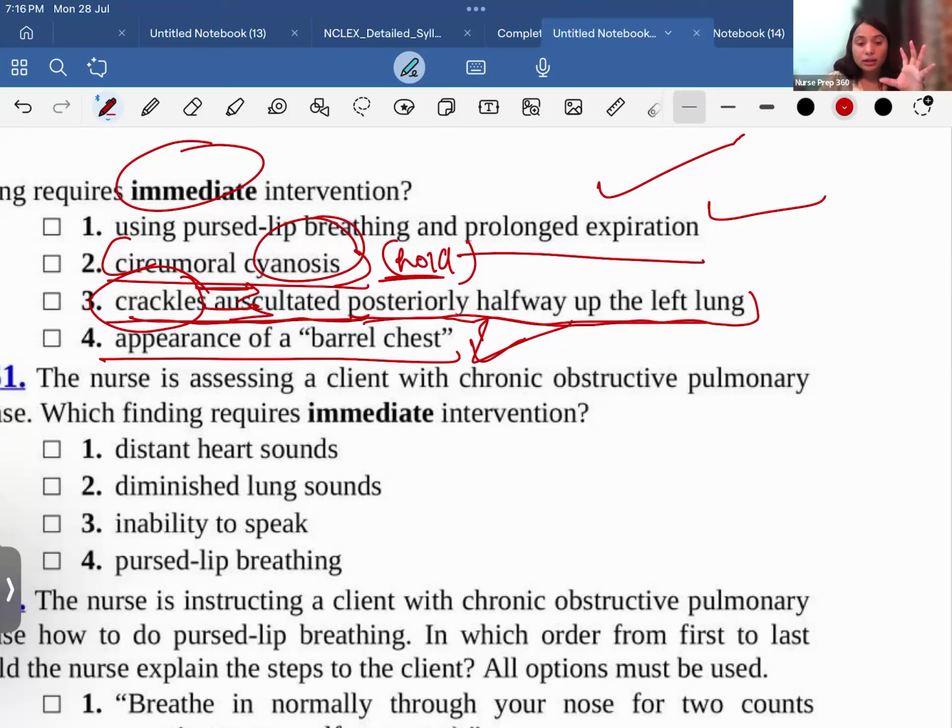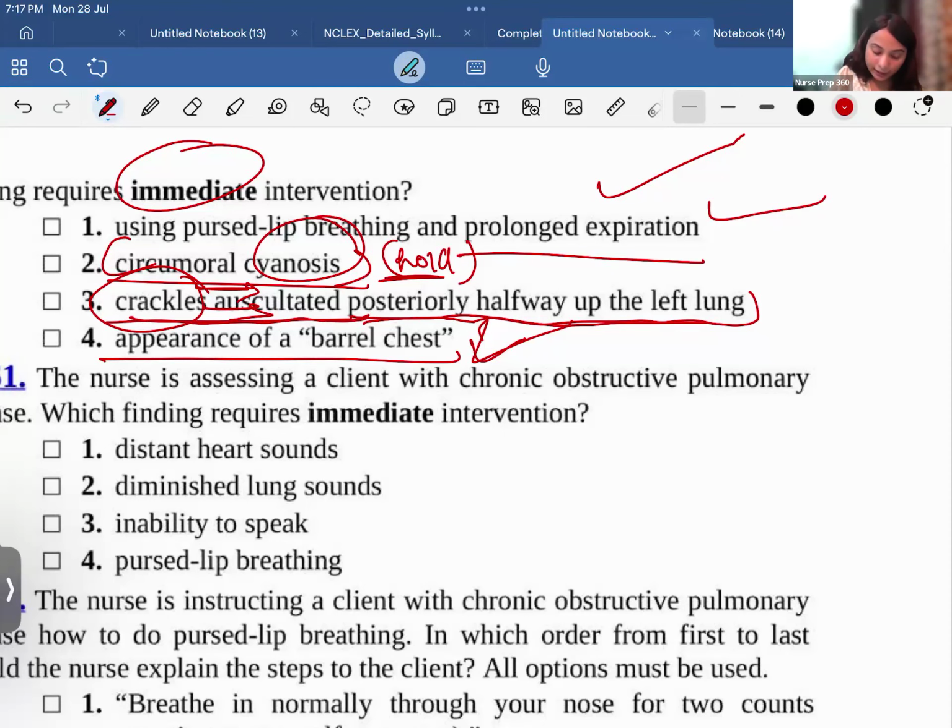We know there's a difficulty in the perfusion and ventilation ratio, so oxygen cannot reach the body and there's circumoral pallor. Circumoral pallor indicates the body is not getting oxygen, and crackles indicate there is fluid in the lung cavity. So we are keeping this as a priority.